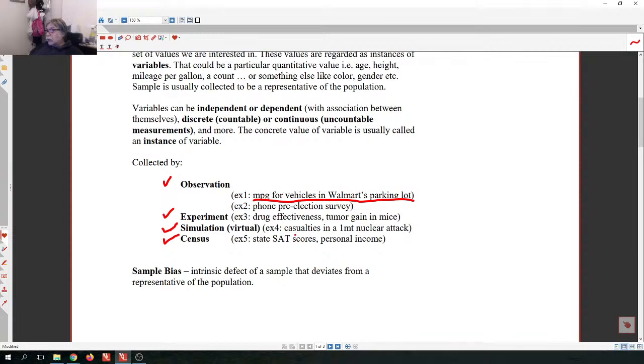They don't get 100% of the population. They get maybe 80%, maybe 90% of the population. But that is still called a census. So census is when you're collecting data where the sample is very close to the size of the population.